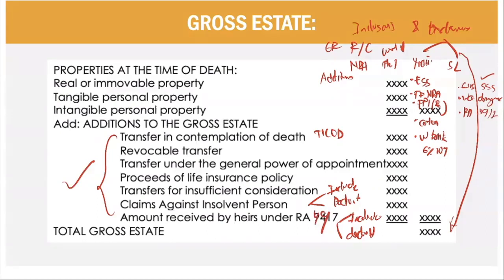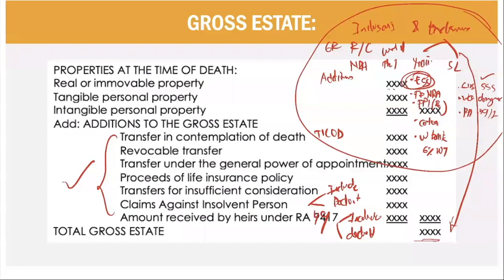So if you have plotted in your mind these items, it is easier for you to determine your gross estate. Actually, what is hard here is your exclusive property of your surviving spouse because you need to remember all the rules. So just remember the rules on your exclusive property of surviving spouse.